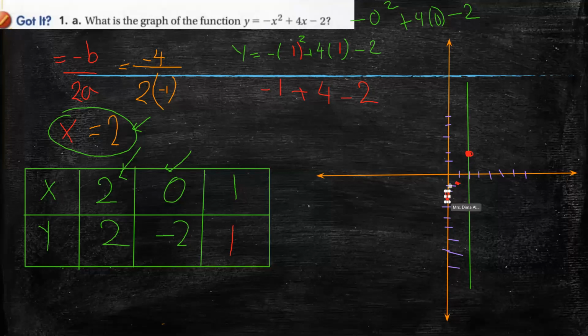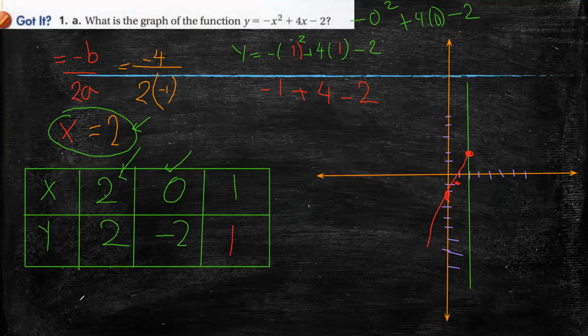Teacher, when I replaced the x with 2 in the function here, it will be 10. How, teacher? I got 4 plus 8 minus 2, it will be 10. Which point? Point number 2 in the x. We have 2, 0, 1. I replaced the 2 and I got 10 instead of 2. Wait, please look here.